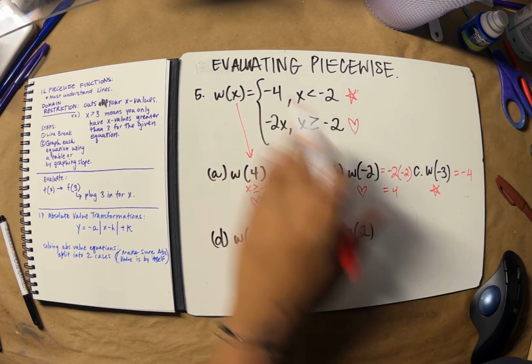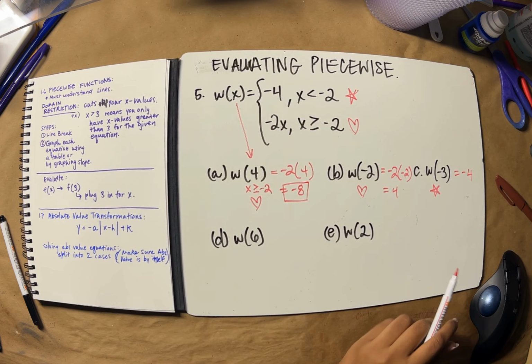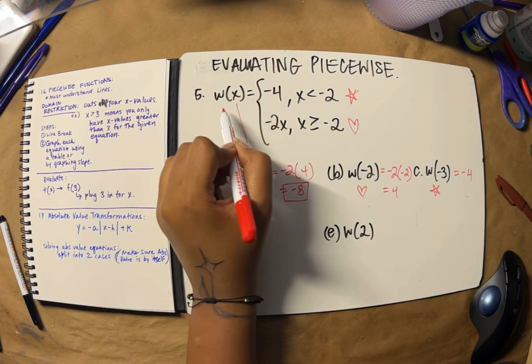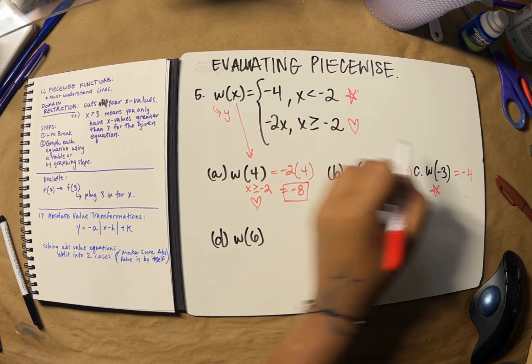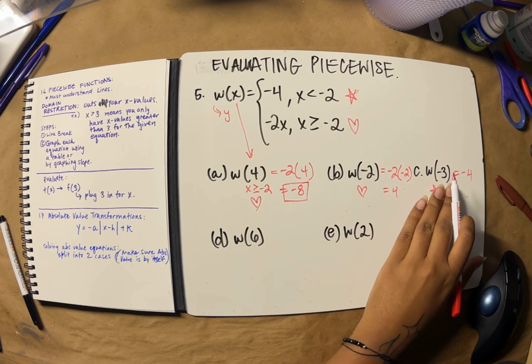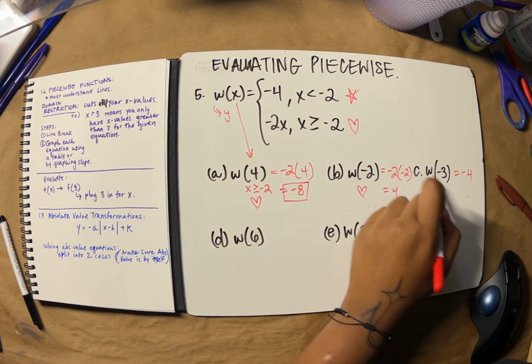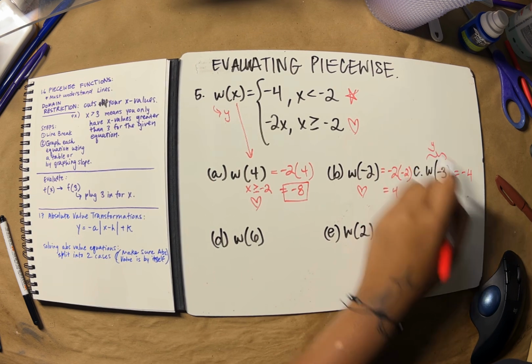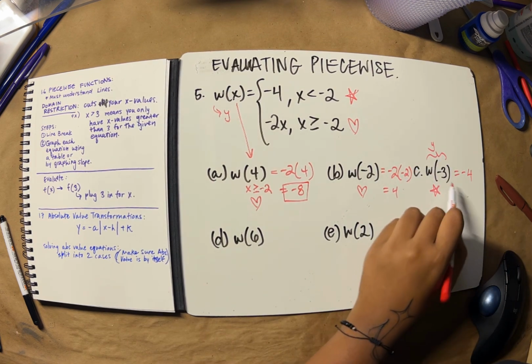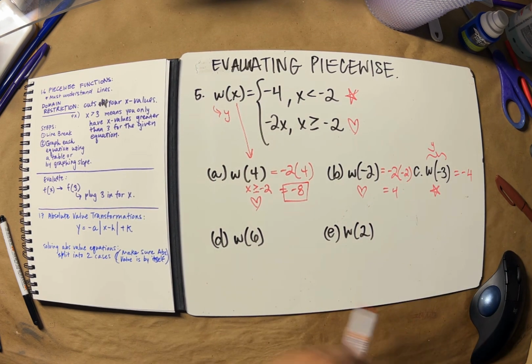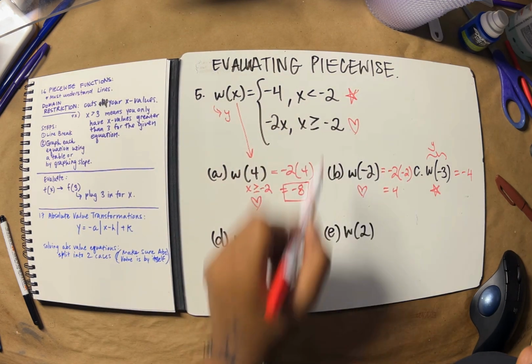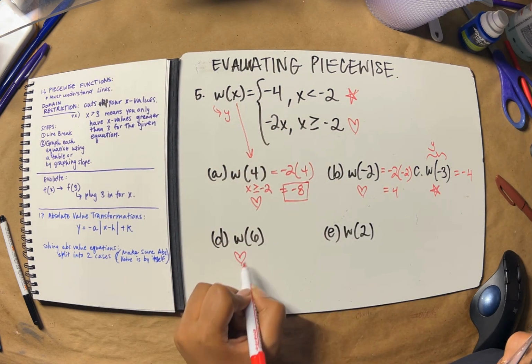No matter what I get out, because again, w of x is a fancy way of saying y, this is the input of an x value, -3. When I plug that into these equations, I should get a y value out. That's what this notation is saying.